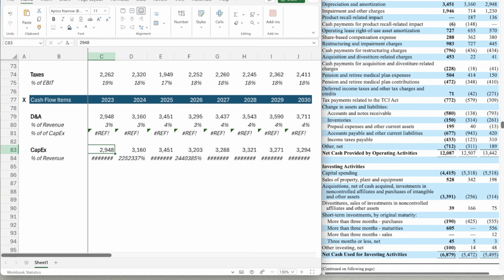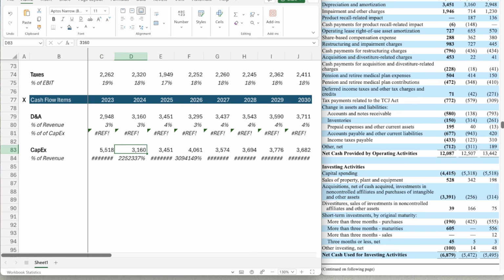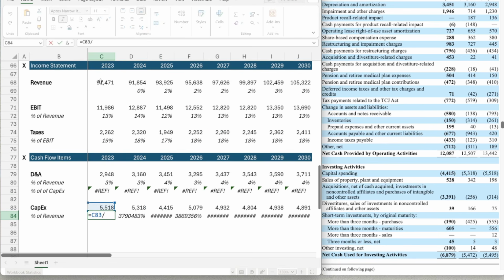CapEx down here, 5518. 5318, 4415. Again, we want as a percent of revenue.